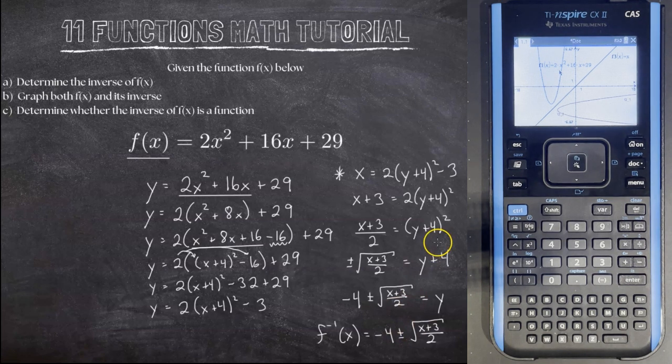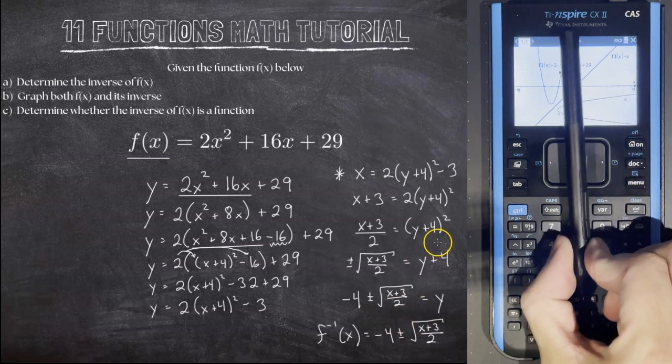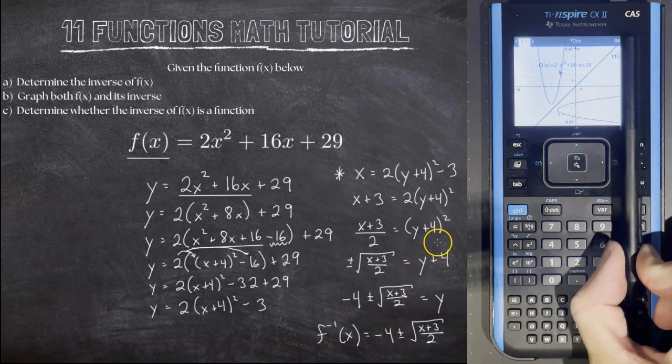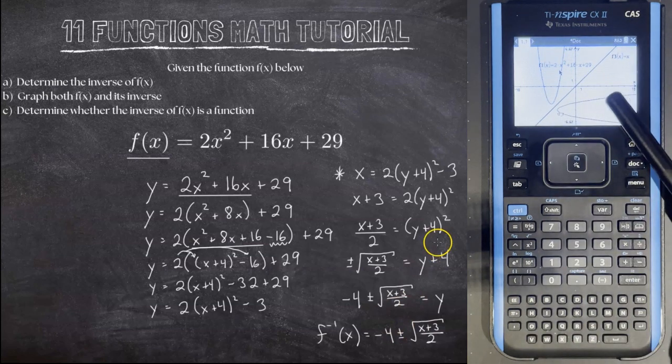Isn't that cool? However, is our inverse of this quadratic a function? No, it is not. If you were to do your vertical line test, you are seeing you're getting multiple points along our vertical line. So this is not a function.